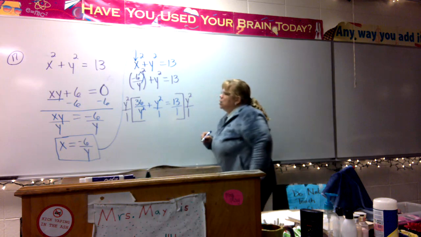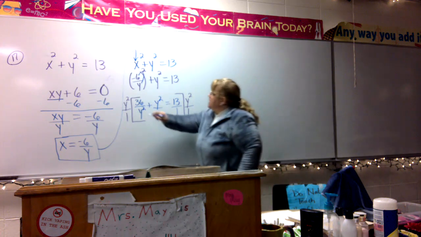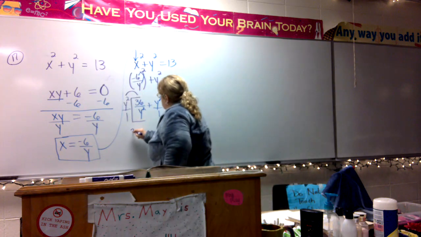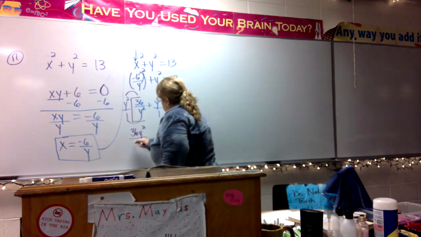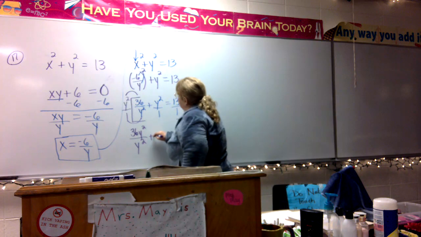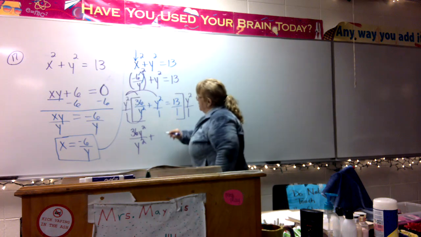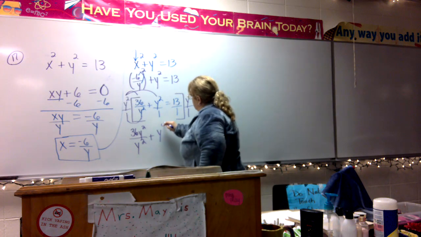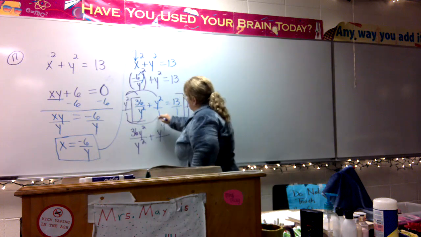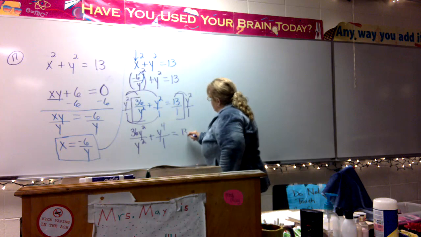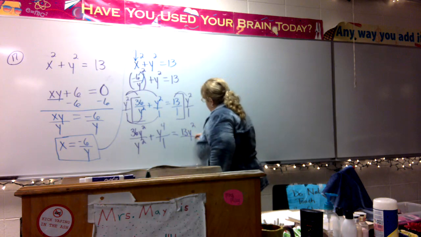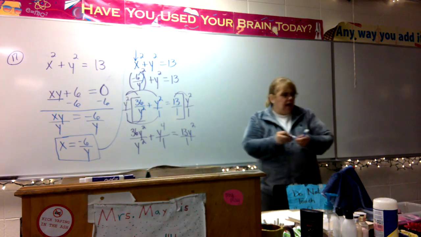When you do that, here, 36y squared over y squared plus, what's y squared times y squared? Over 1 equals, other side, 13y squared over 1.